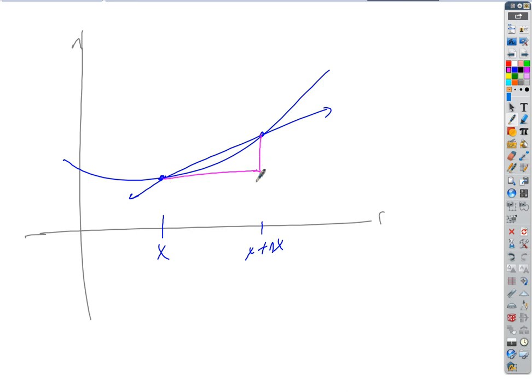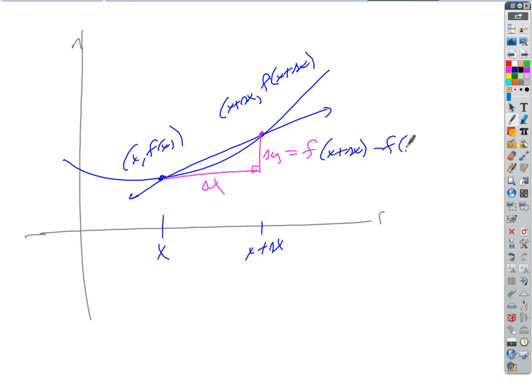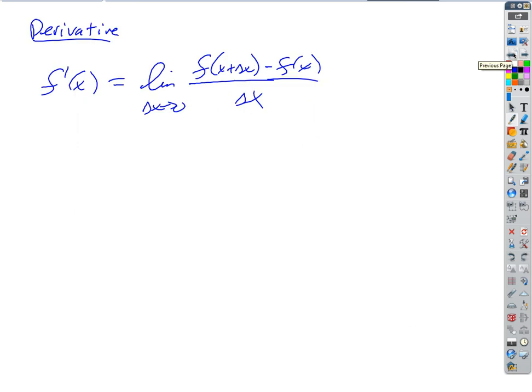If we draw a slope triangle, that's delta x, and if we call this delta y, really all that is just f of x plus delta x, that's the point x plus delta x, f of x plus delta x, that's the point x, f of x, which is the difference in the y values. That's it, right? Just the slope of the secant line. That's all we're doing. So we're taking the limit as delta x goes to 0.